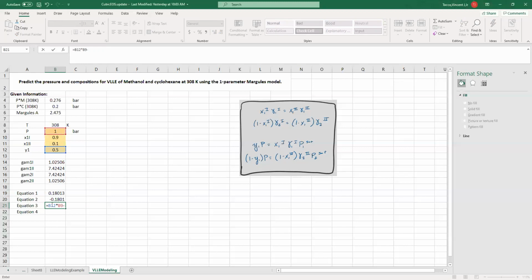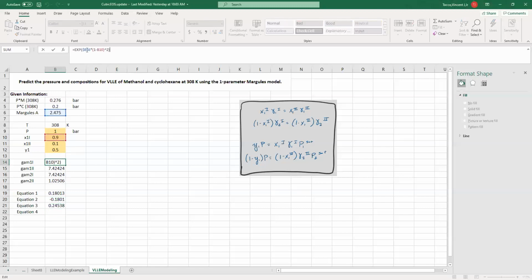That's what I want. Minus x1 from phase 1 times gamma 1 from phase 1 times P sat for component 1, which is methanol. And I don't have to dollar sign it because I'm not dragging the formulas down, but it's good habit. I guess I did do that here, right?